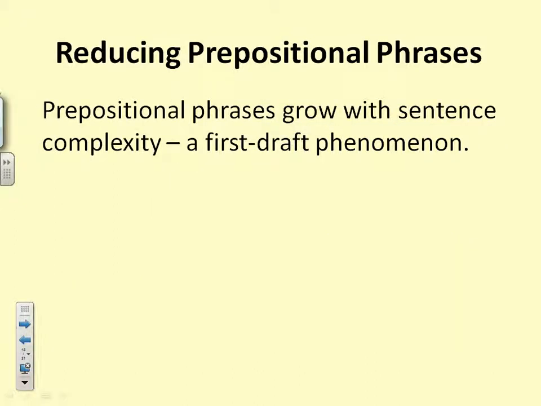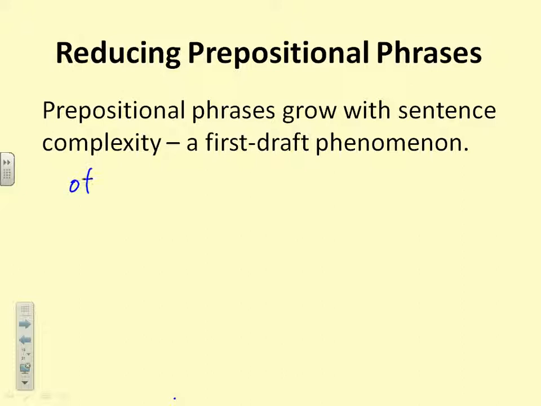Now, moving on to prepositional phrases, reducing these. Like be verbs, prepositional phrases are important. They're necessary. But they grow with sentence complexity, and they're often a first draft phenomenon. So if you charted somebody's sentences, they would start in a fairly small form, and they would add prepositional phrases.